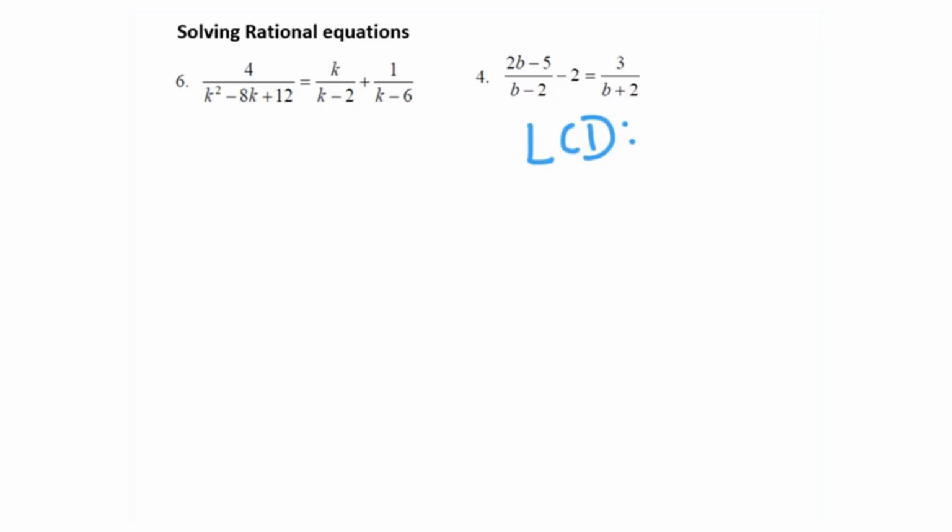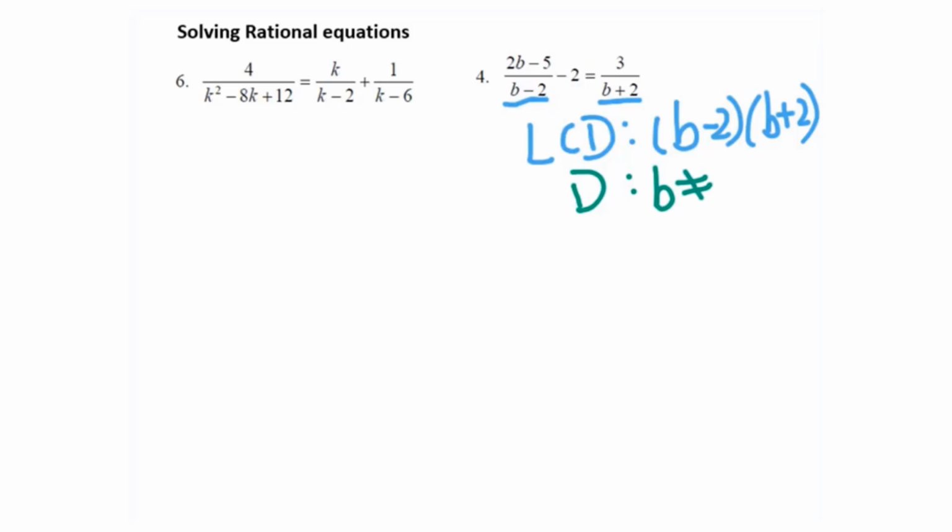It's b minus 2 times b plus 2. And for the domain, make each denominator not equal to 0. So b not equal to 2 and b not equal to -2. Then let me rewrite this equation now.